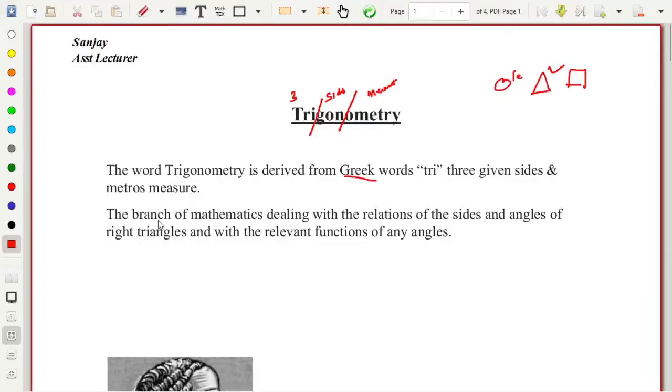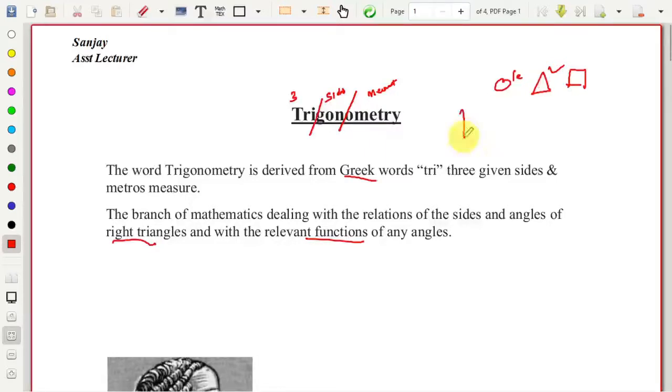Now, trigonometry is the branch of mathematics dealing with the relations of sides and angles of a right triangle and with the relevant functions of angles. I will come to this very shortly. As this, we can say trigonometry is basically dealing with right triangles. So considering all this, we can easily say that trigonometry is nothing but the measurement of 3 sides of right triangles.